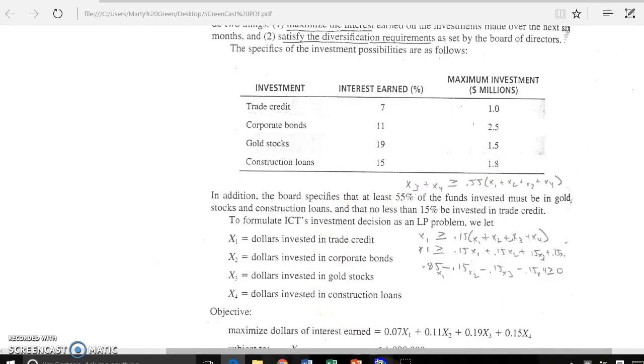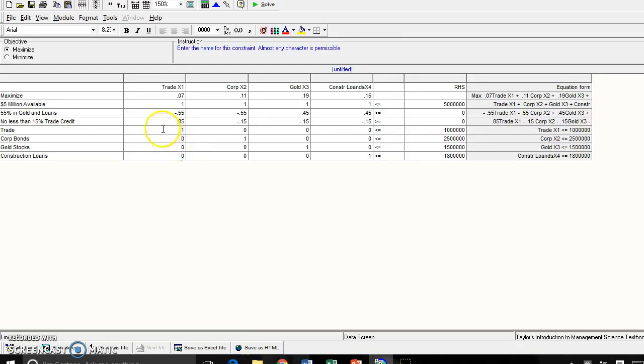And I've gone through and I've plugged those into our LP as well. So trade credit has got to be less than $1 million. Corporate bonds less than 2.5 million. Gold stocks have got to be less than 1.5 million. And lastly, construction loans have got to be less than 1.8 million.